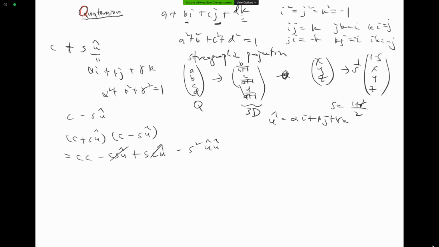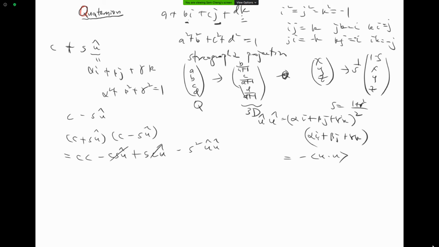So when I multiply U times U here, multiplying alpha i plus beta j plus gamma k, I have some cross terms, I mean like i times j, j times k, and k times i. And also some terms multiplying itself. When I multiply by itself, I have minus alpha squared, minus beta squared, minus gamma squared. Right? That only gives me minus the inner product of U with itself, if you think of U as a vector with just alpha, beta, gamma.